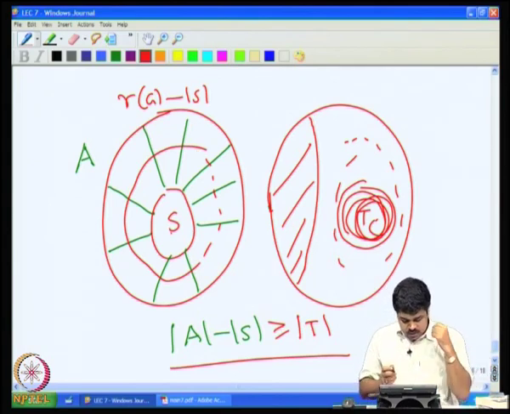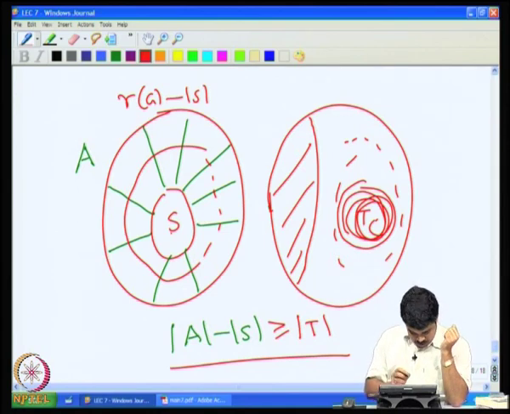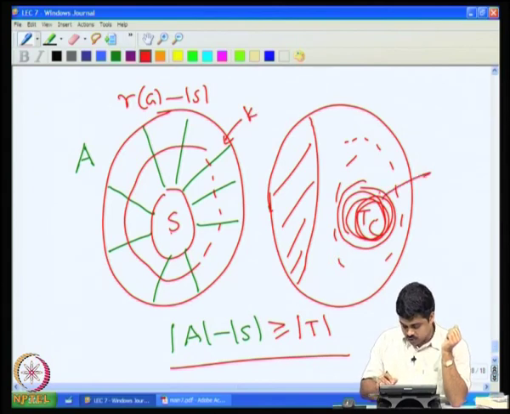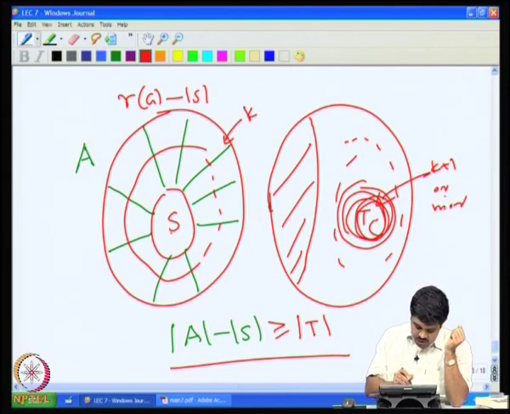See, suppose this is smaller. Suppose there are k vertices here and there are, say, k plus 1 or more vertices here. Then you know that there is at least one vertex here, because this set has to dominate this entire thing, because none of the vertices in S has any connection to this portion.